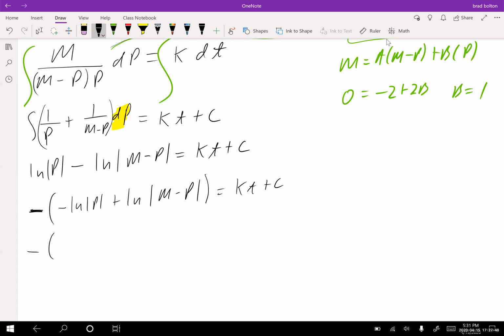This would become ln of the absolute value of M minus P, oops, minus ln of P.